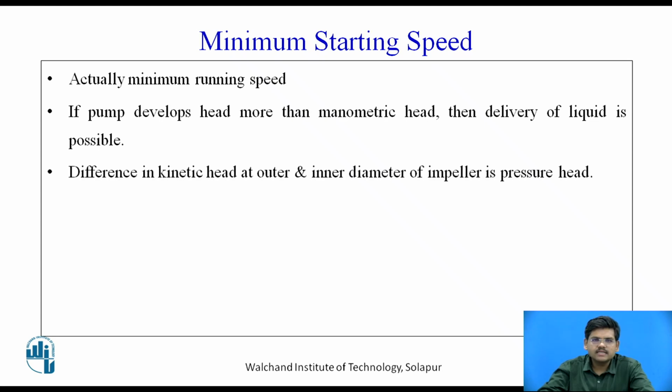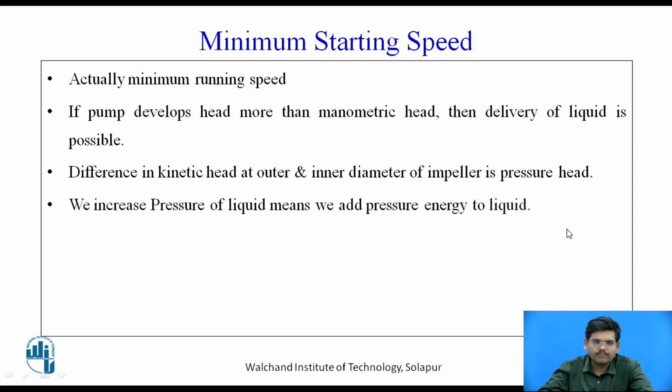Now, the difference in kinetic head at outer and inner diameter of the impeller is the pressure head. When the impeller is rotating, the kinetic head at the outer diameter and the kinetic head at the inner diameter cause the pressure head to be developed. When we say we increase the pressure of a fluid, we mean that we add pressure energy to the liquid.